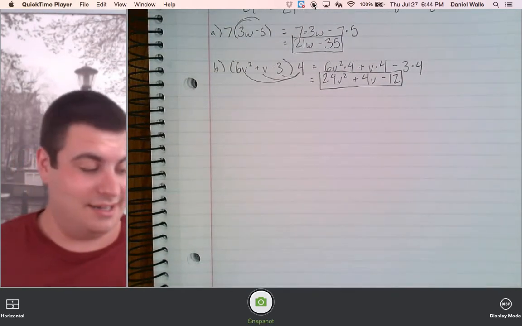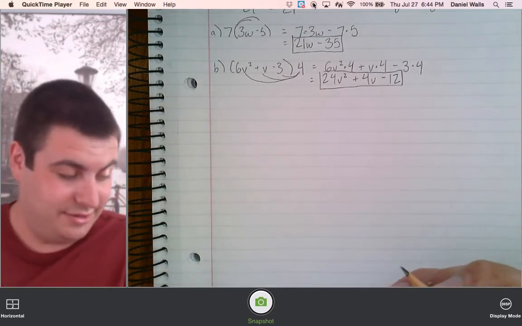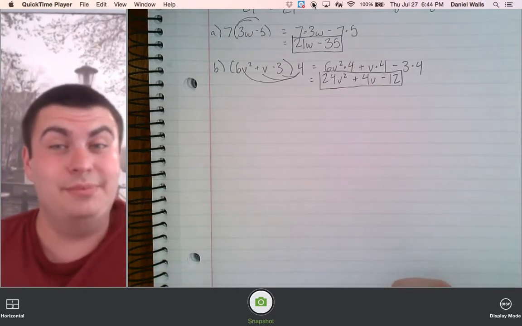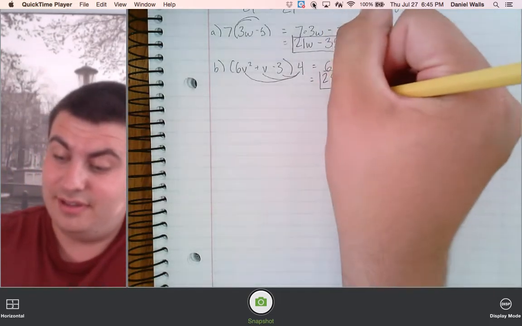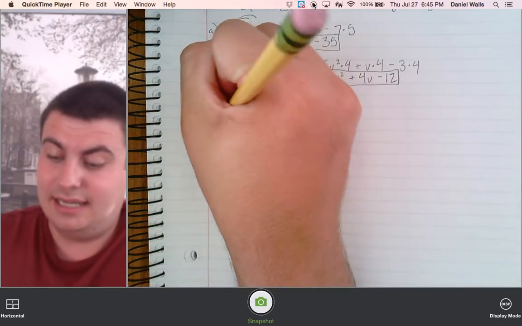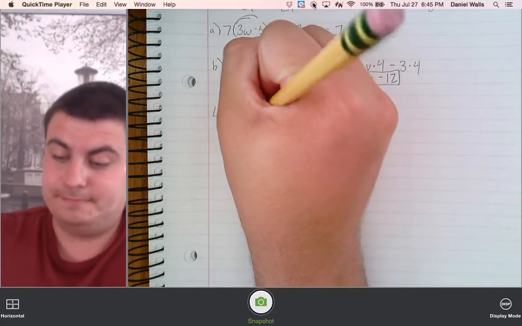Now, a couple of definitions that we need so that we can do some more distributing and evaluating. We have a concept called like terms.